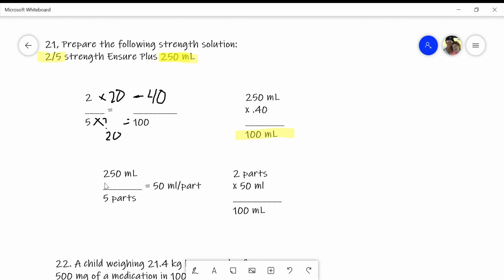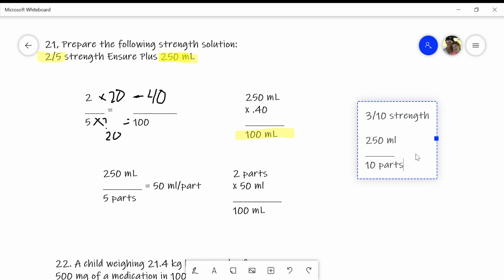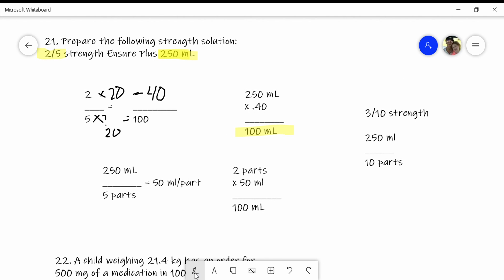Like if you needed, let's say, 3/10 strength, and 250 milliliters divided by 10 parts, that would give you 25 milliliters per part.